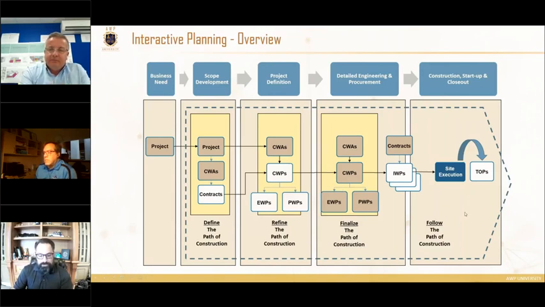Then, of course, execution, where based on how the craft wants to execute, they're pulling those IWPs directly into the field for execution and control, facilitating the plan that's been feverishly labored over by the multiple different trades and groups. So I believe that's the basis of the 5 minutes, Fernando, and that's where we would jump off in AWP for early scope definition.